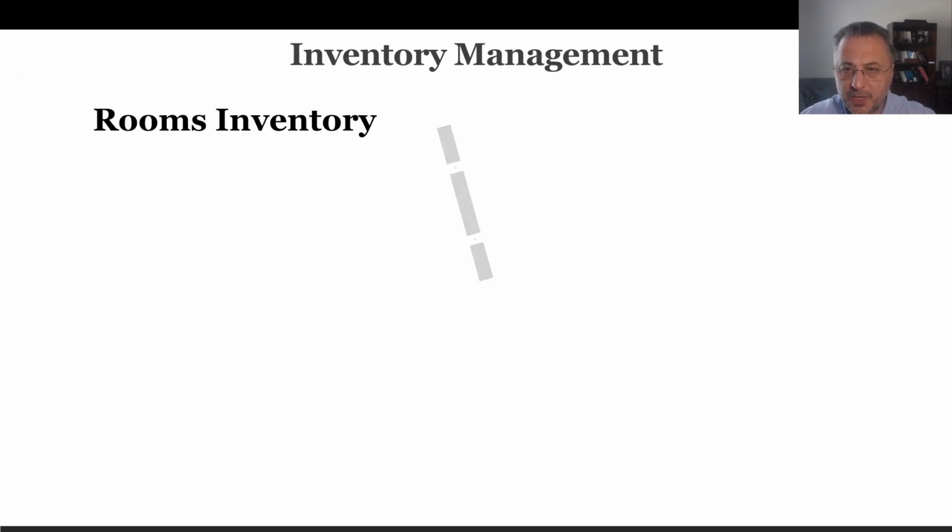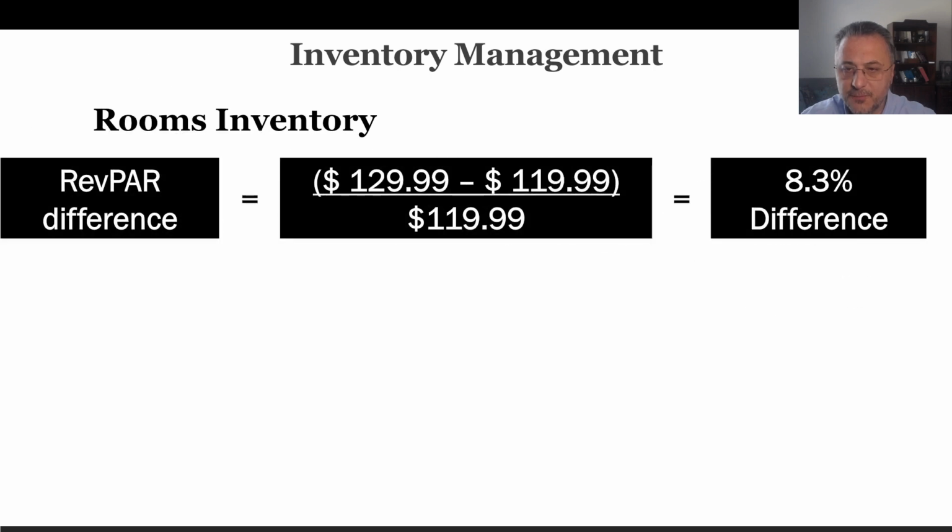If we calculate the RevPAR difference in our example, Shana achieved better RevPAR with about 8.3% difference. How you calculate it is Shana's RevPAR minus Louis' RevPAR, divided by Louis' RevPAR, which gives the RevPAR difference.